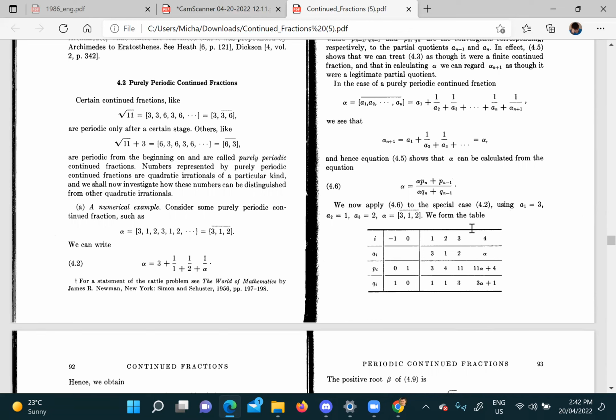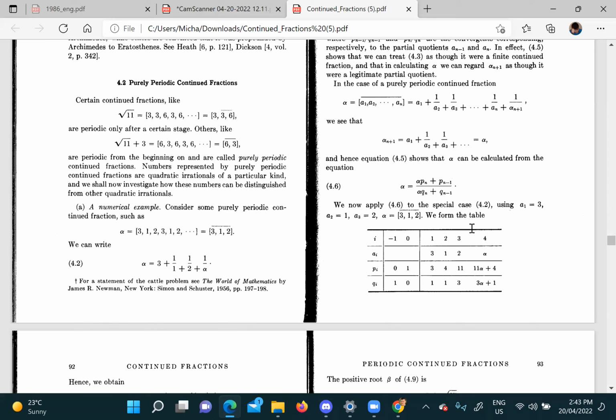Like if it was 7, 3, 6 repeating, you could just subtract 1 and it'll be 6, 3 repeating. You can make the first digit whatever you want, so you just adjust the sequence. Maybe that's the difference between a purely periodic one and an eventually periodic one, and maybe that is the difference between a reduced irrational and other quadratic irrationals.